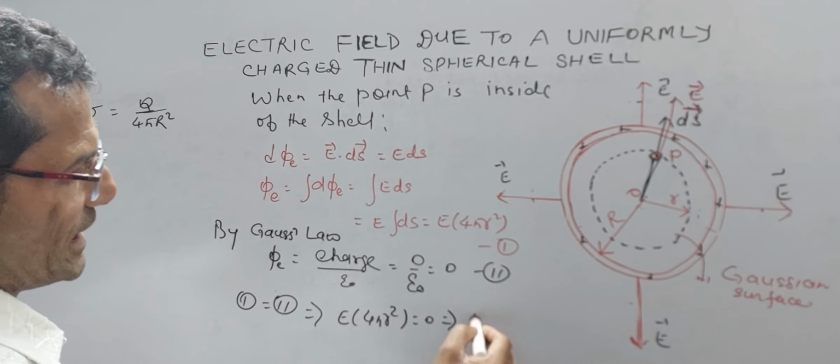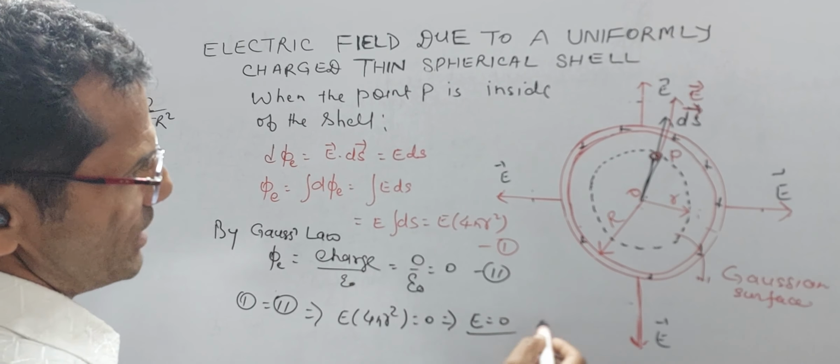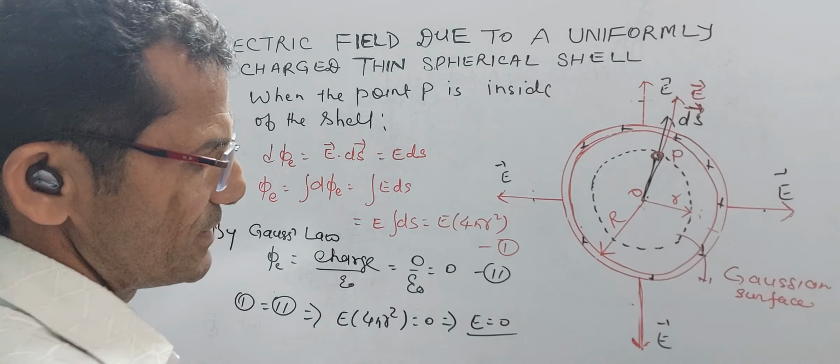From here, the electric field at the point P, which is inside of the shell, will be 0.